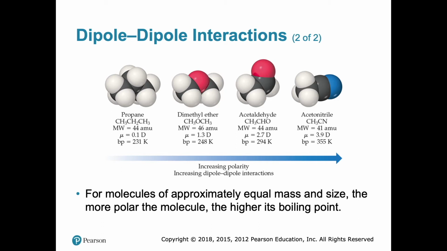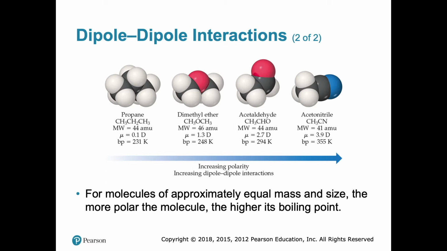Okay, that's propane right there. And propane exhibited what kind of interaction? Not this one. What did propane exhibit? It was the first interaction we talked about. Dispersion forces, right? So propane, experiencing dispersion forces, has a boiling point of 231 K.